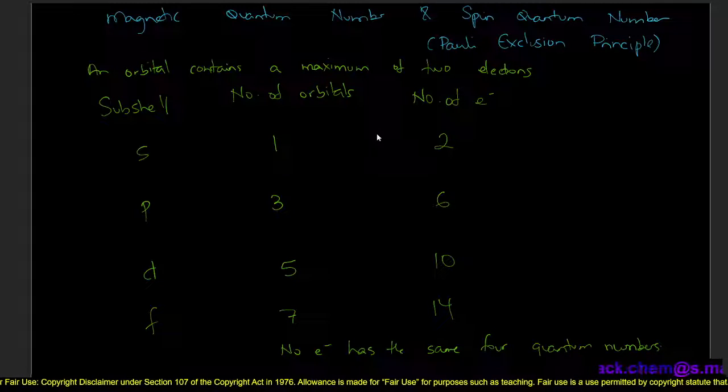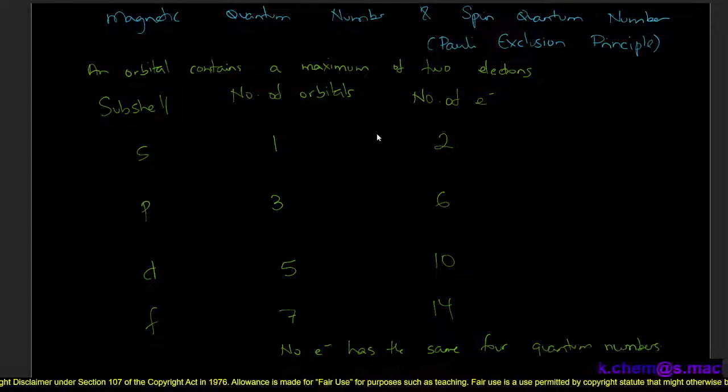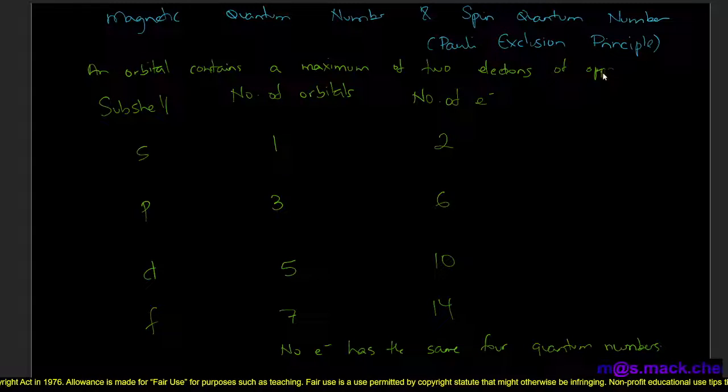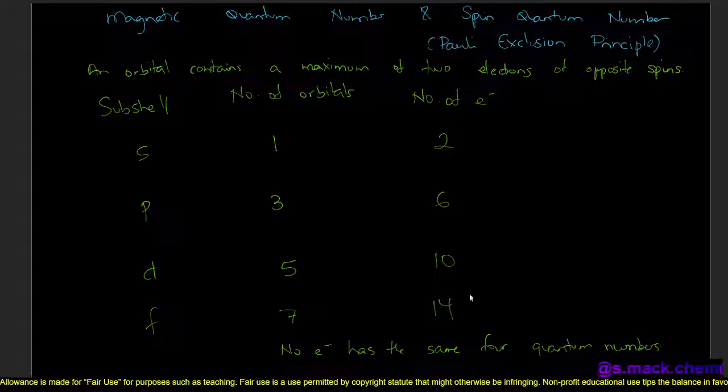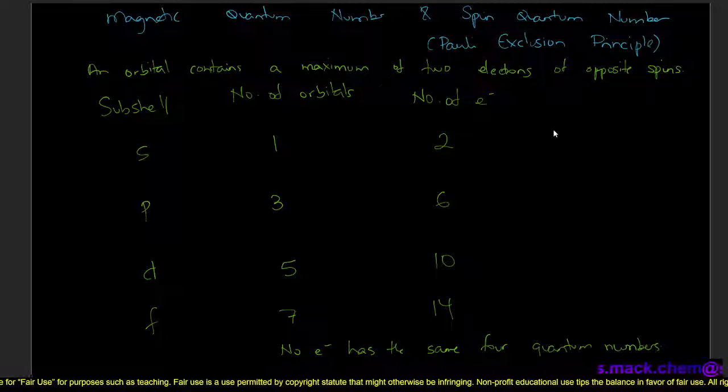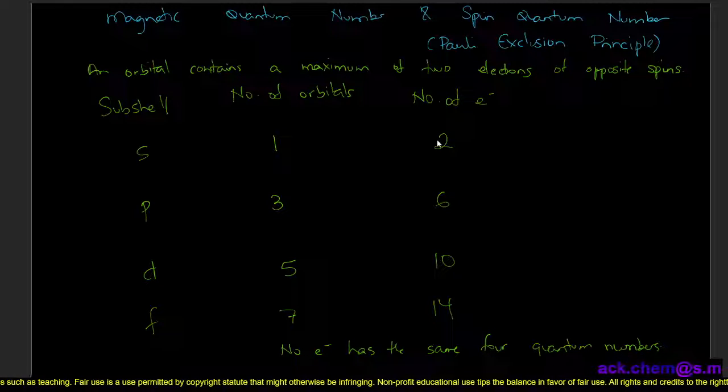This is where I'm going to apply what is called the spin quantum number, and it's really describing the spin of the electron. We say that an orbital contains a maximum of 2 electrons of opposite spins. This means the 2 electrons which are found in the same subshell must be of opposite spins.